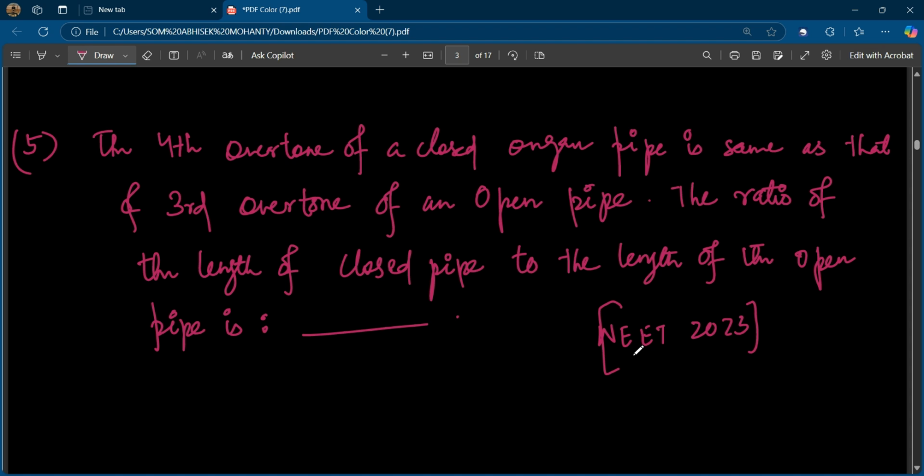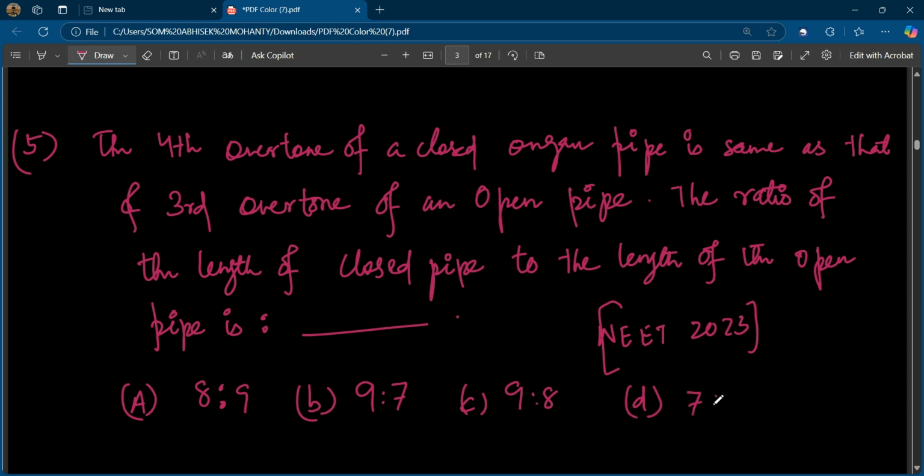The fourth overtone of a closed organ pipe is same as that of third overtone of an open pipe. The ratio of the length of closed pipe to the length of the open pipe is: option A, 8 is to 9; option B, 9 is to 7; option C, 9 is to 8; and option D, 7 is to 9.